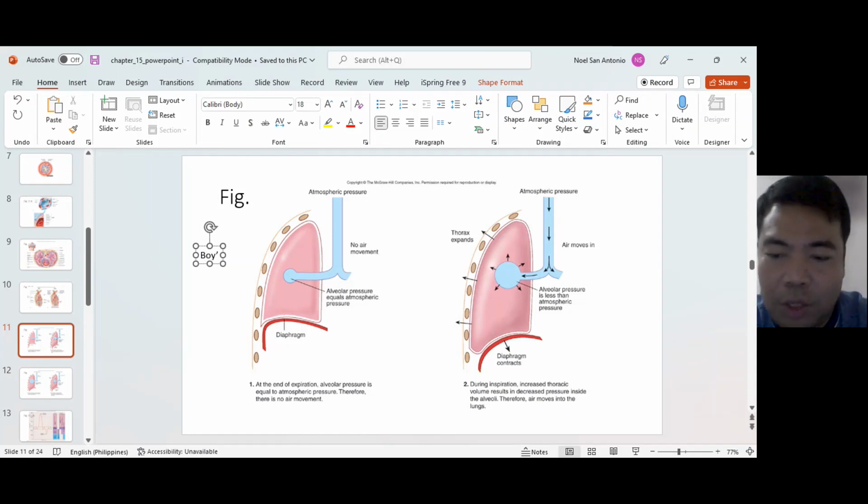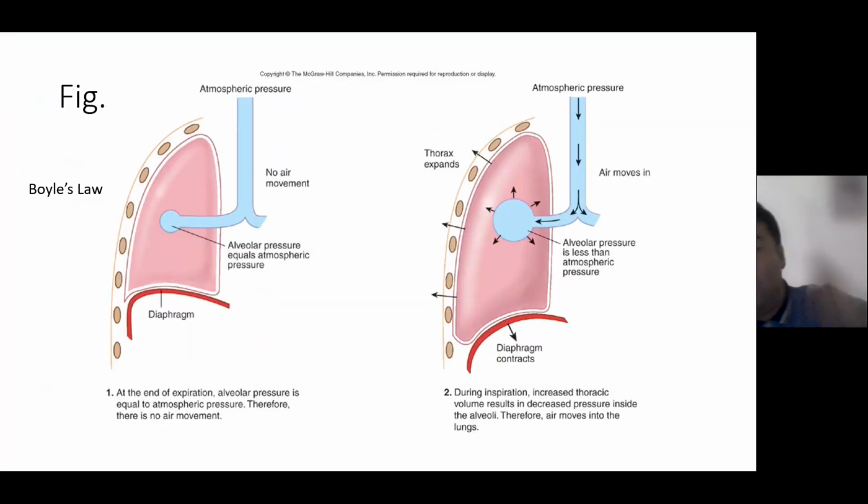Kung natatandaan niyo ang inyong junior high physics. What is Boyle's law? Sa junior high physics, when we say Boyle's law, when the volume or size of the container increases, the pressure of the gas inside the container decreases.